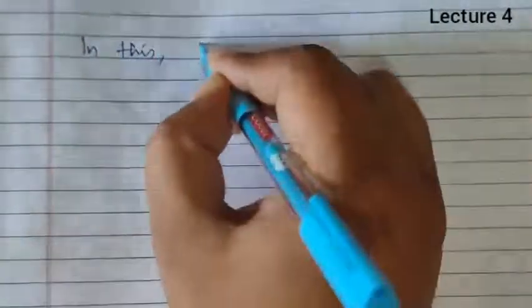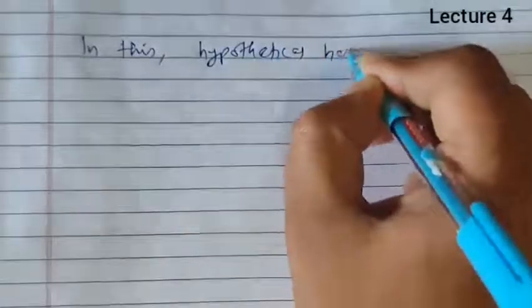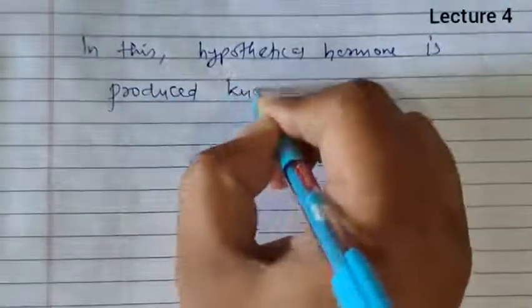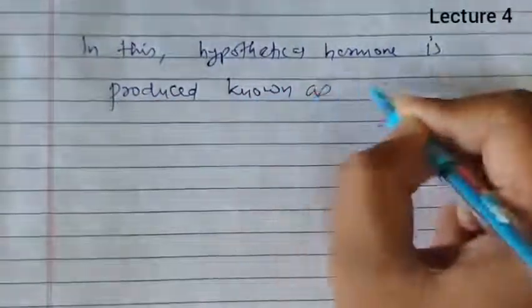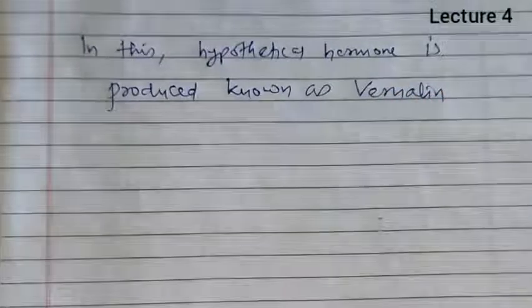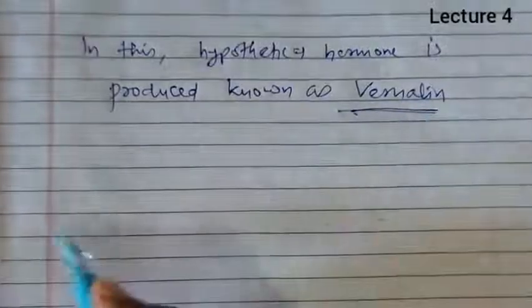and in vernalization this hypothetical hormone that is produced is known as vernalin, during the low temperature.